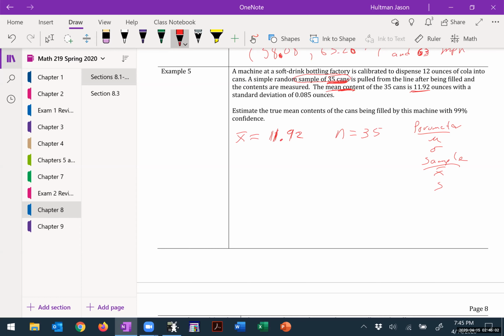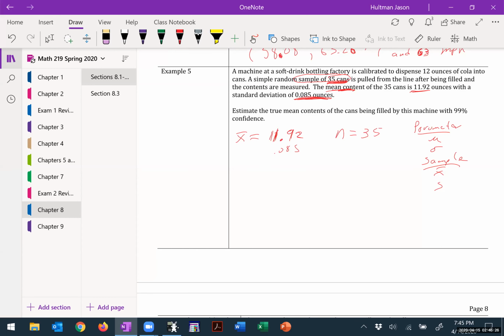Okay, and I also have a sample standard deviation. This is not the population standard deviation. It says standard deviation, so you're thinking, oh, that must be sigma. Sigma equals 0.085. No, wrong. It is not. That is s.